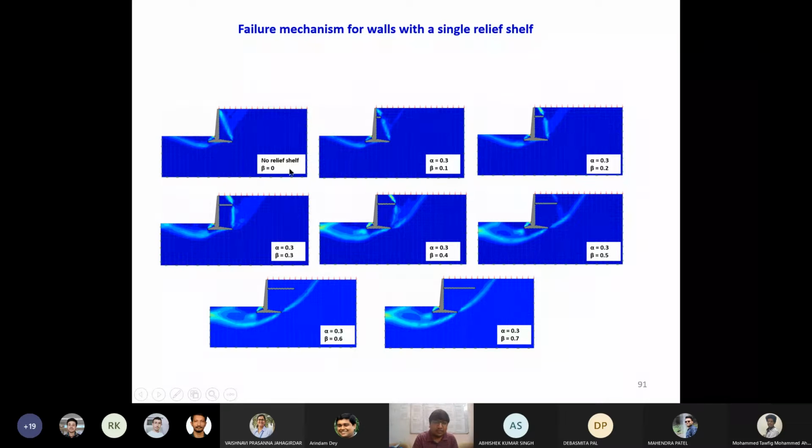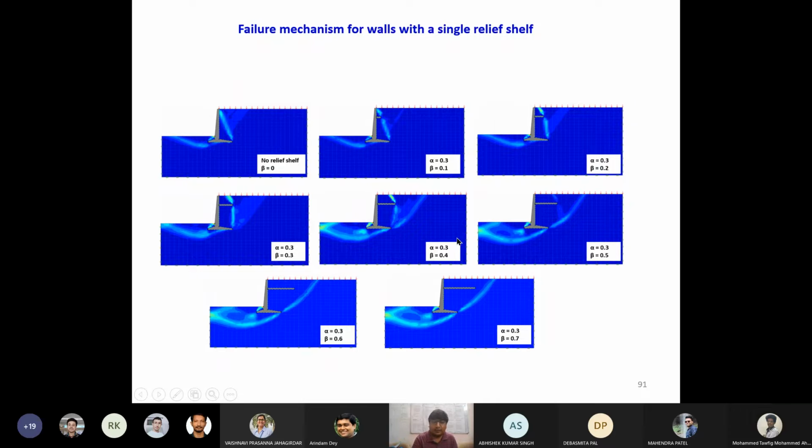If you can witness over here, once we keep increasing the width, instead of having this kind of failure plane, it has this kind of failure plane. Here, this kind of curvature is also taking place. Another important thing you can notice is that below the base slab, the failure plane is also changed. So this much mass is taking part in the failure of this wall.